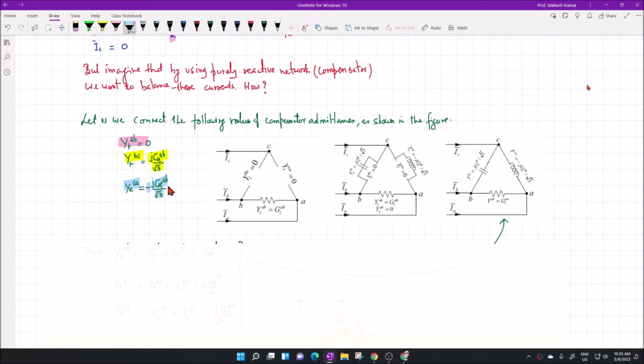Assume that these are the values connected across points AB, BC and CA for the compensator.